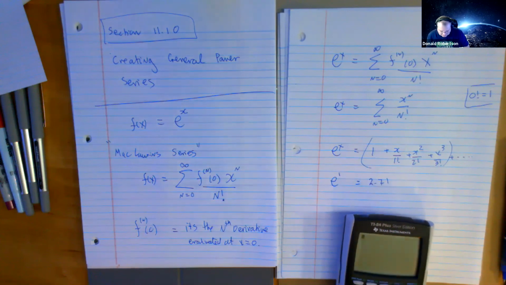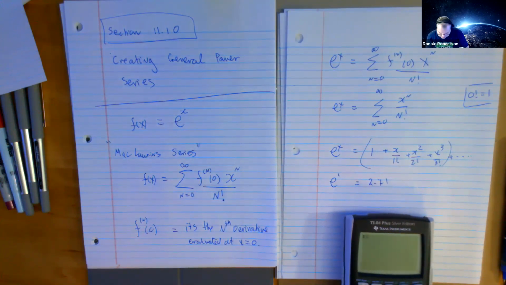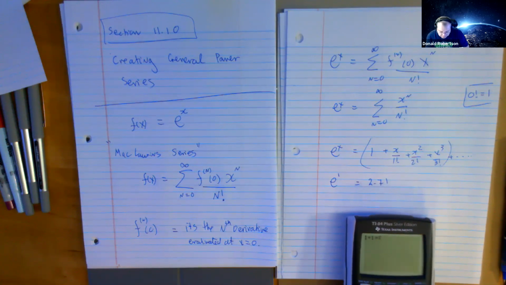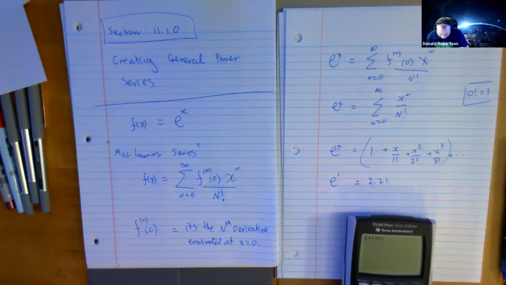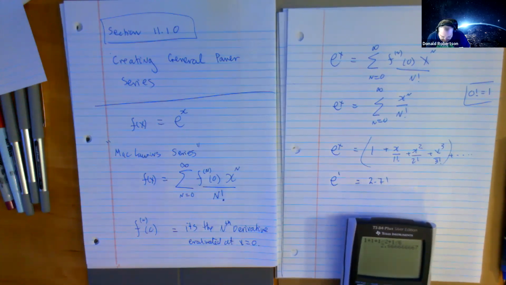Well, let's see. It's going to be 1 plus 1 over 1 plus 1 squared over 2 factorial, which is just 2, plus 1 over 3 factorial, which is 6. And the answer I get is 2.666.